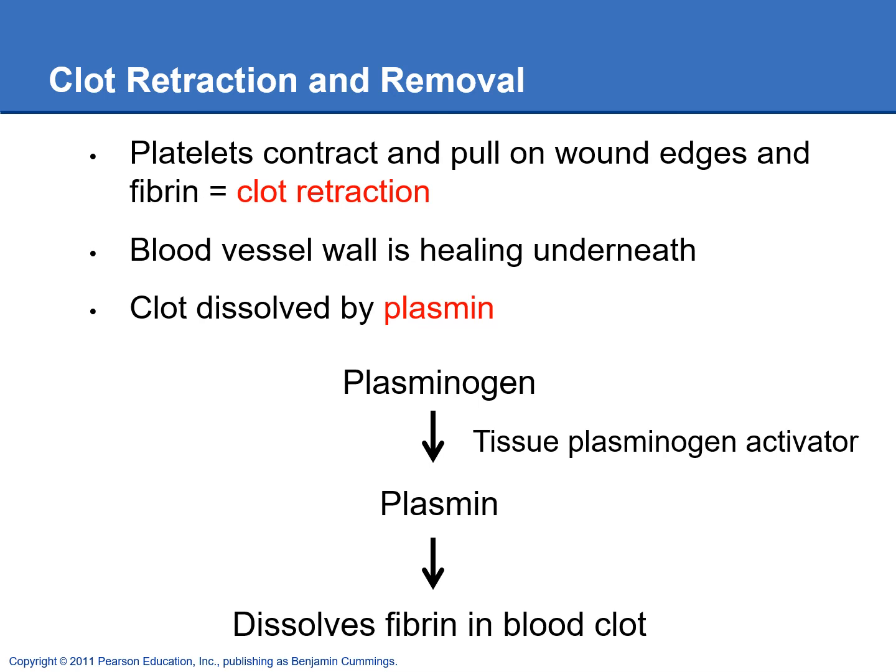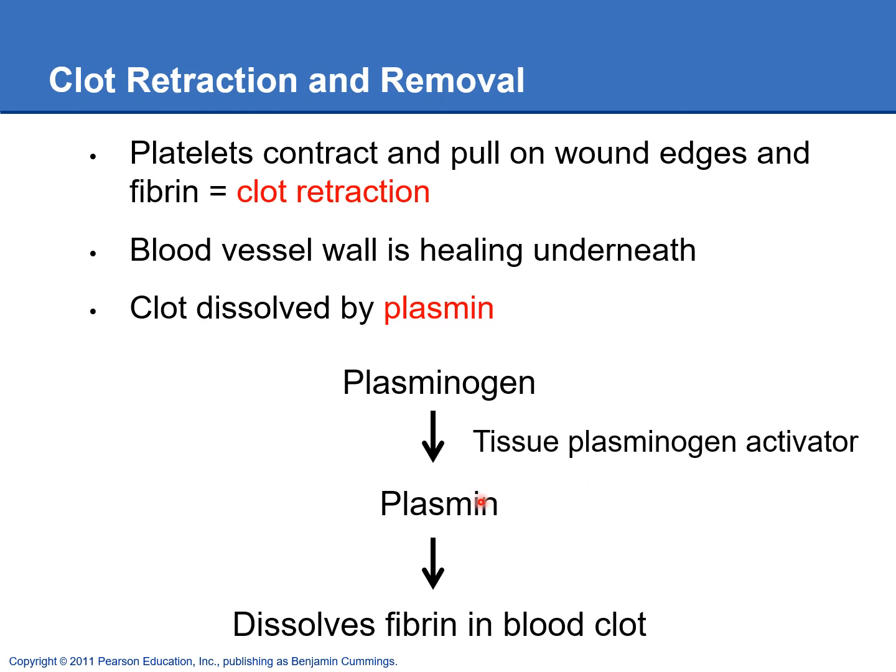About 2 days after the clot has formed, then we're going to start dissolving it, and it does take about a couple of days to dissolve the clot. So there's a protein called plasminogen that's just inactive in the blood, and it's going to be activated by tissue plasminogen activator.